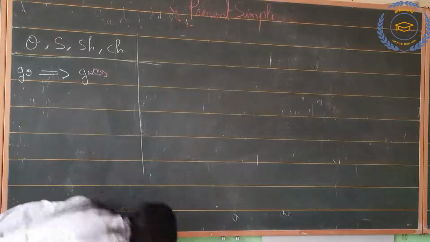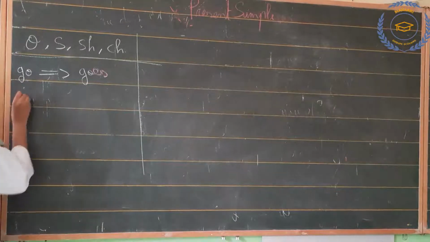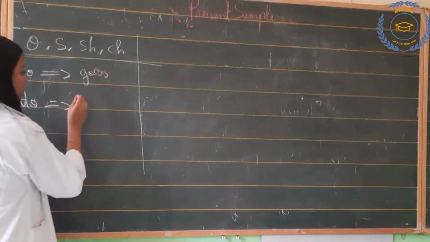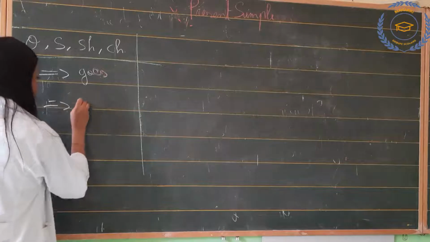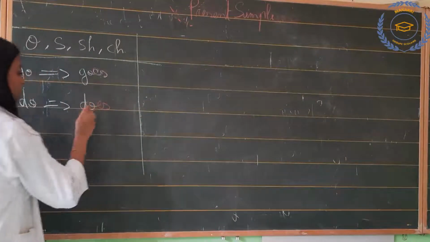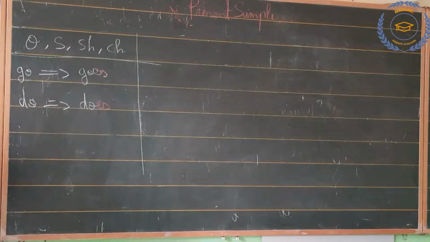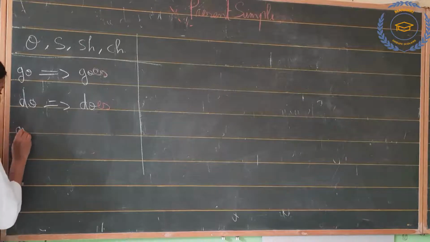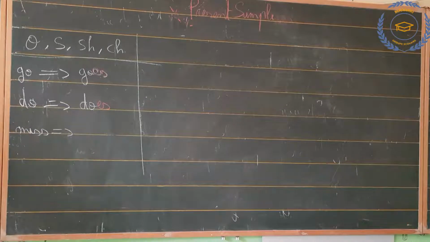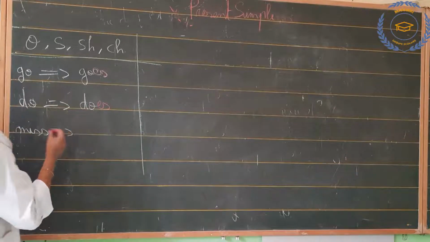The verb do becomes does. We add es: does. The verb miss becomes misses. He misses, she misses.